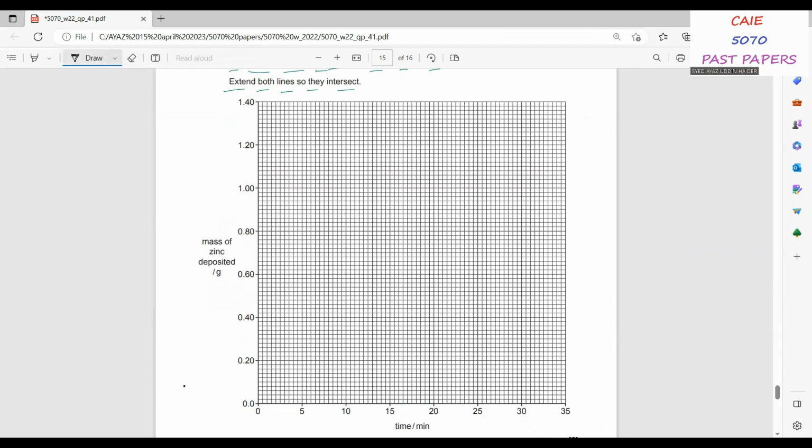So at 0, we have 0 mass, but at 5 minutes, we have 0.29 mass. So the mass will be here, 1, 2, 3, 4. This will be 1 point.